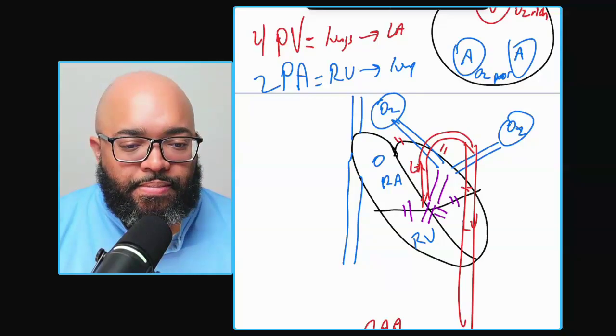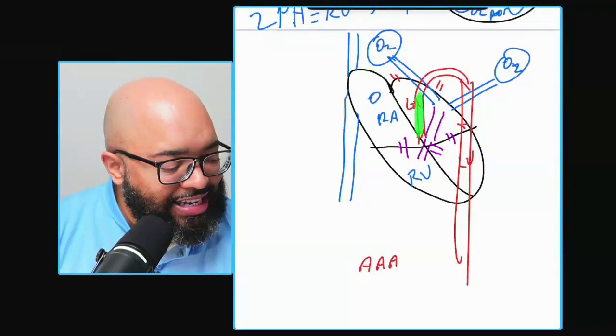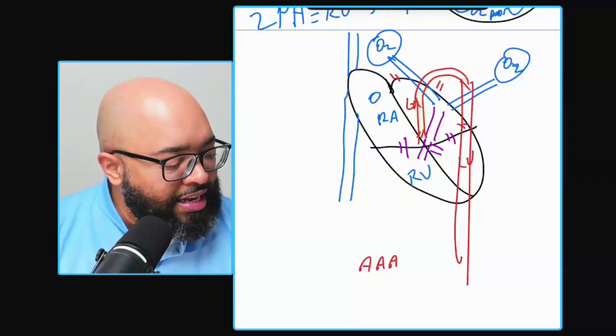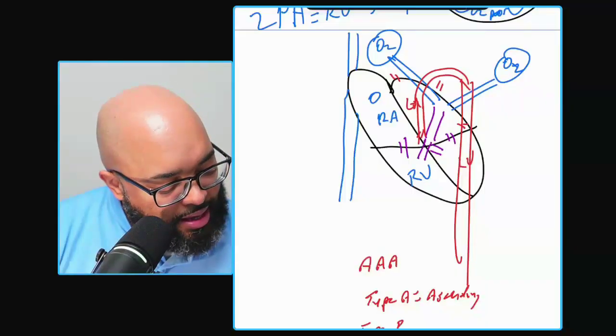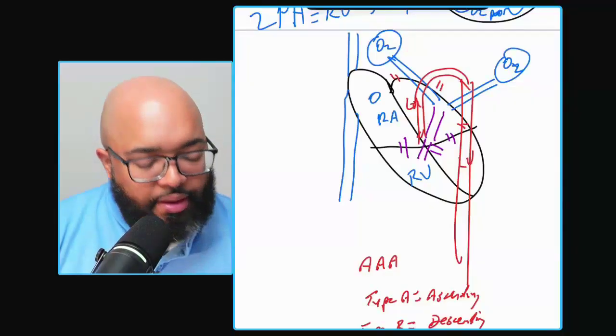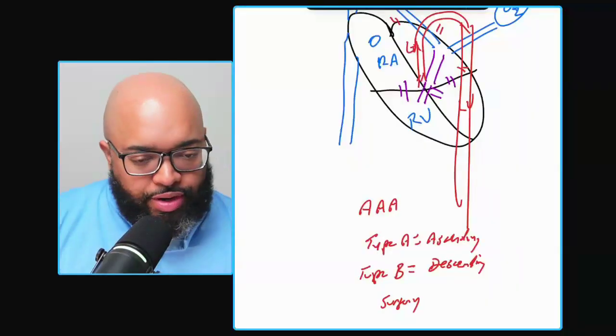The one in the ascending is a type A. And a type B, from the DeBakey classification, is the descending. Type B is the one that most often gets surgery.